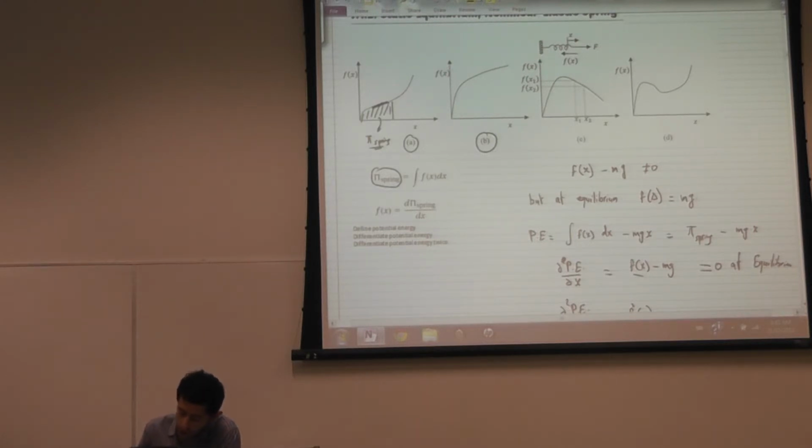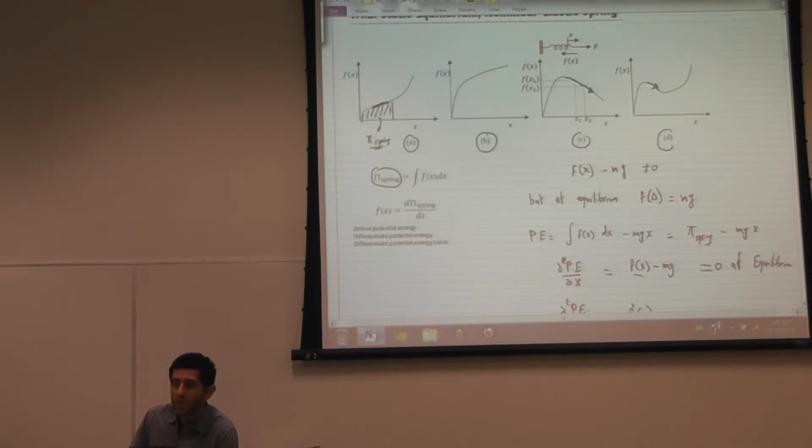Once you go into something like C or D, when the slope of the stress strain or the force displacement curve is moving downward, and when you have a negative slope, the potential energy of the system is actually maximum, not minimum.